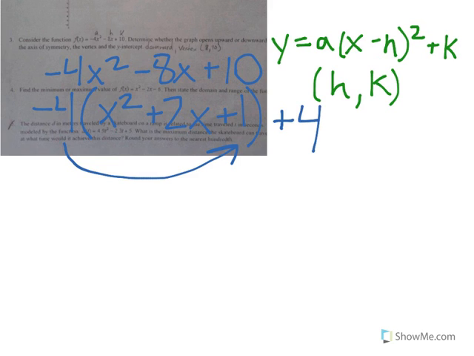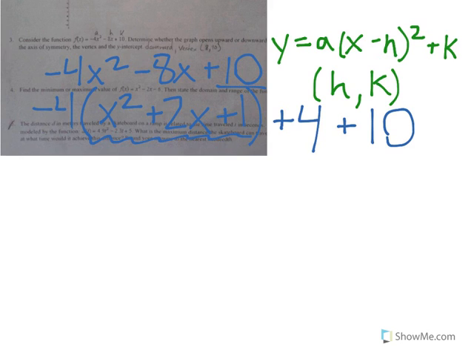And then I still have that plus 10 on the end. So what I've done here is I've written something equivalent to the first line, but very differently, so that now I have a perfect square trinomial right here.